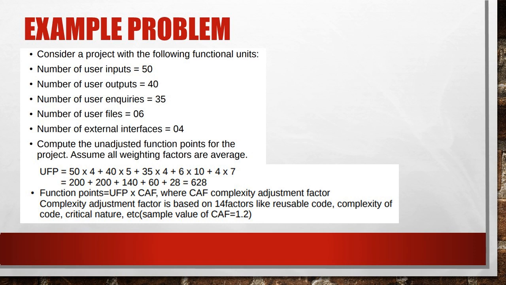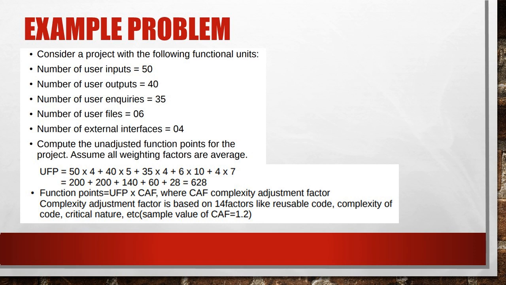In the previous slide, we know that the average weighting factor for external input is 4. Average weighting factor for external output is 5. Average weighting factor for enquiries is 4. Average weighting factor for logical files is 10. And average weighting factor for external interface file is 7.